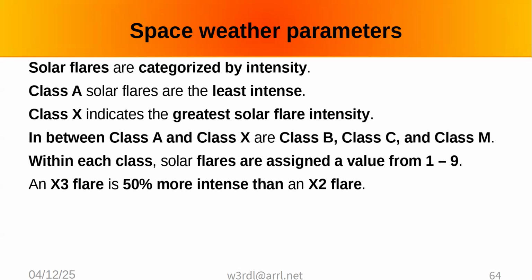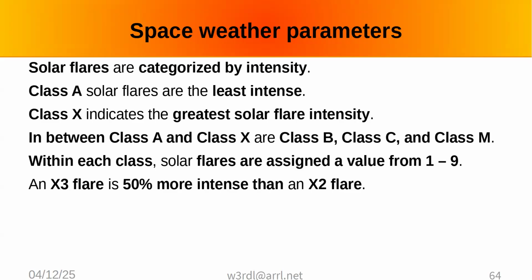They classify solar flares as, essentially, class A and class X. There's also a B, C, and M in between those. The A class are the least intense solar flares.